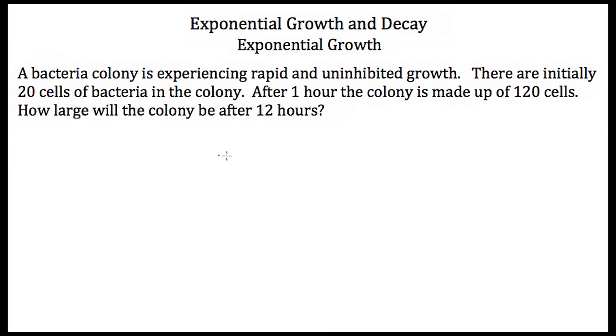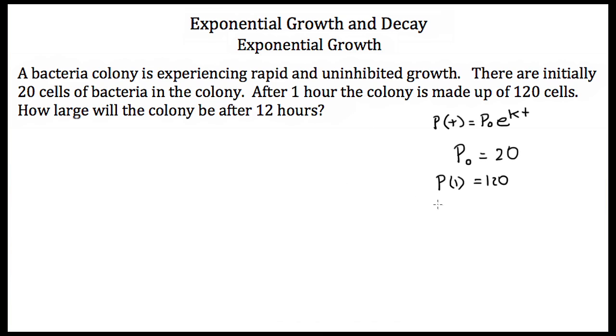Well, let's think about what we know here. We have our equation. P of t is equal to P naught times e to the kt. We know our initial population. That's 20 cells. We don't know k, but we do know that the population at, say, time 1 hour, that's equal to 120.